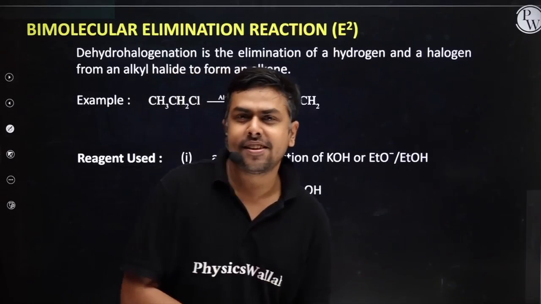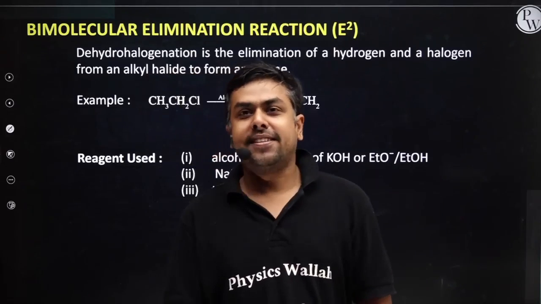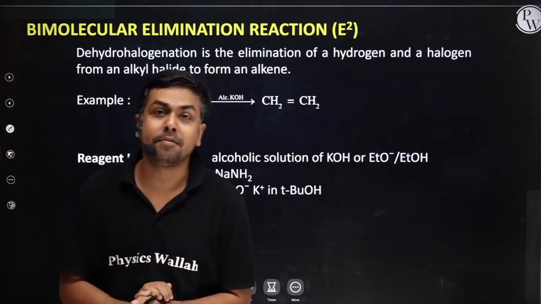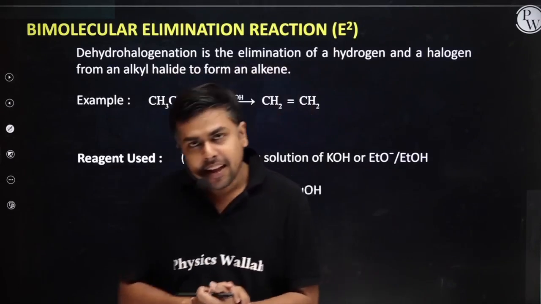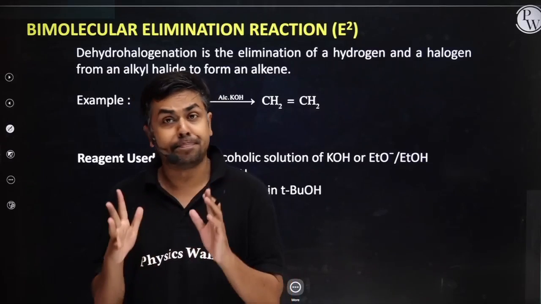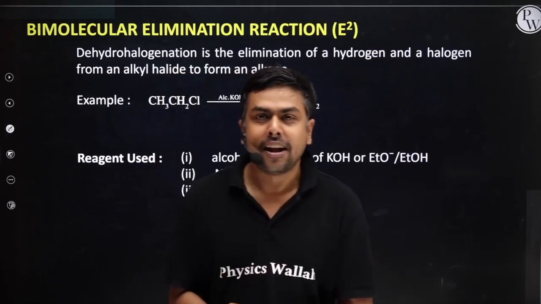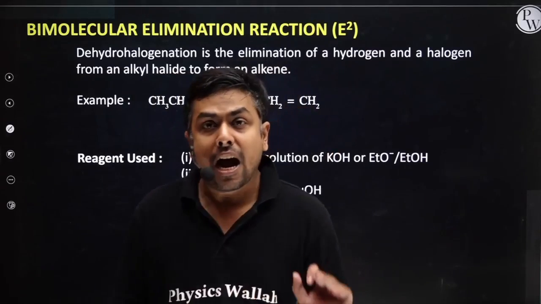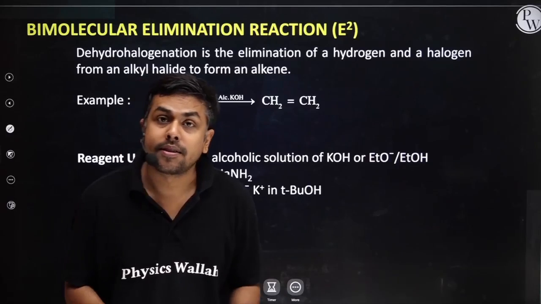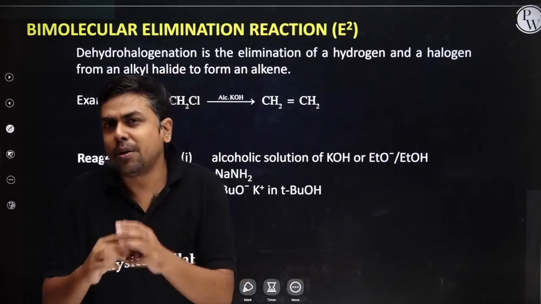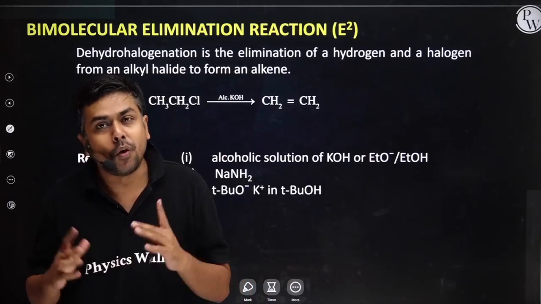Students, now let's discuss E2 reaction, that is elimination bimolecular reaction. If I talk about this particular reaction, first of all, it's a beta elimination, right? And in this beta elimination, the attack of base and the departure of leaving group occurs simultaneously. So this particular reaction will occur in one step.